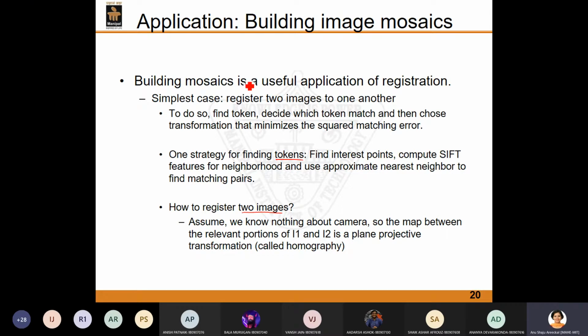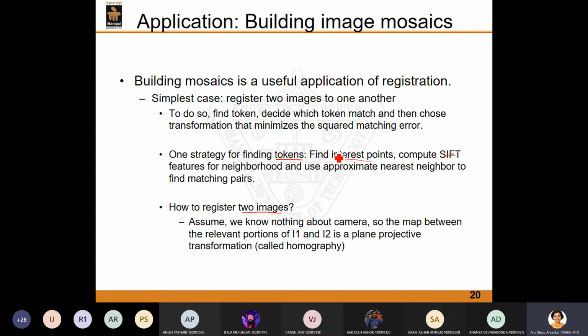So what we try to identify are some specific characteristics of the image that can be used for registration. Some examples are to find the interest points or key points, or you can compute the SIFT features for finding the neighborhood. You can also use the gradient to find the edges, or use edge operators to find the edges.